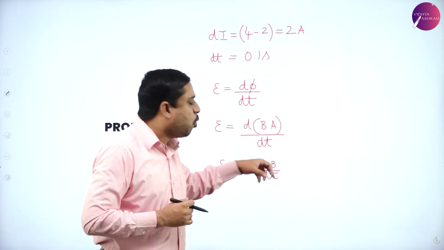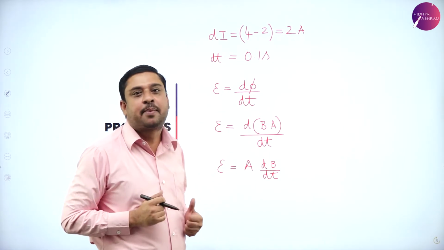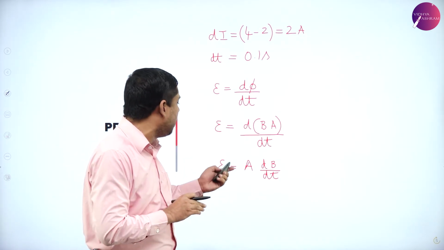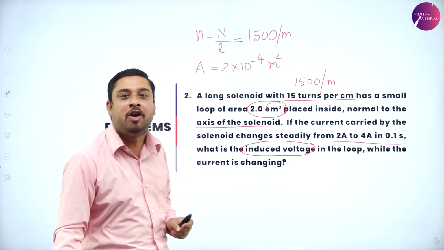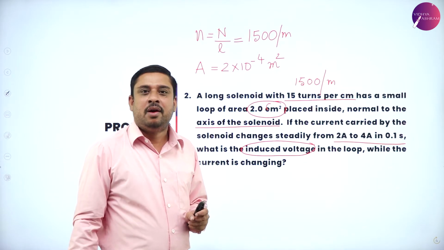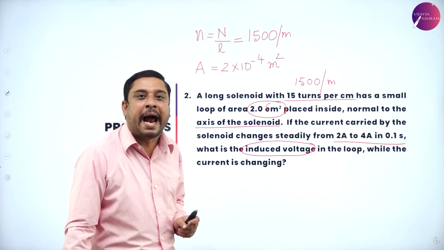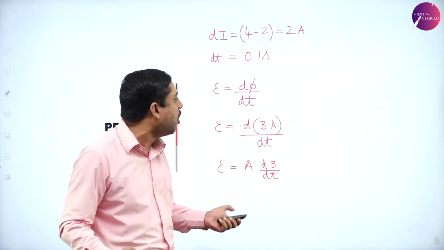Now, what is this B? How will I link that B with the question given? That is where I told, he says, axis of the solenoid. Do I know any expression for magnetic field on the axis of a solenoid?